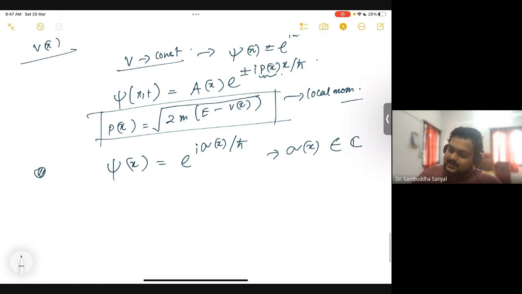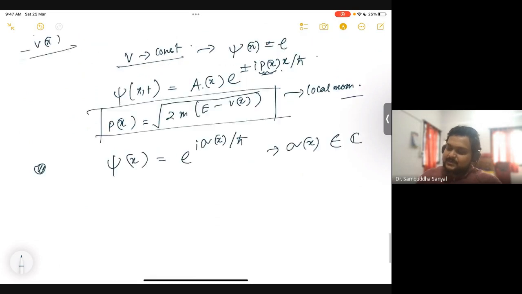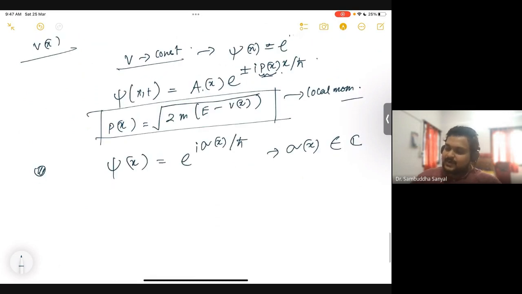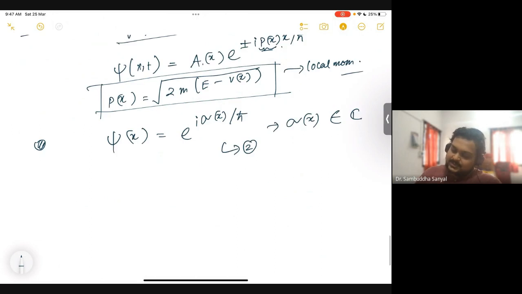I just got rid of the a and say that this is a complex function. Complex means there will be a part which is the phase and a part which is the prefactor, that is the amplitude of x. So that's just to simplify the calculation. Instead of working with two functions, p of x and a of x, I now work with one function, which is a complex function. So this is my equation 2. This is my trial solution.